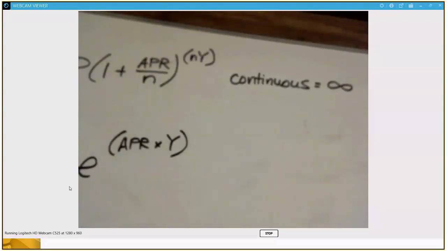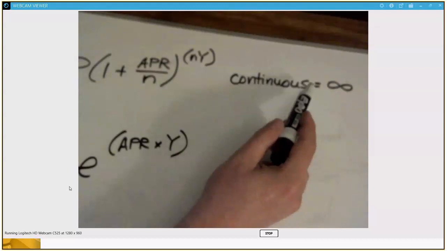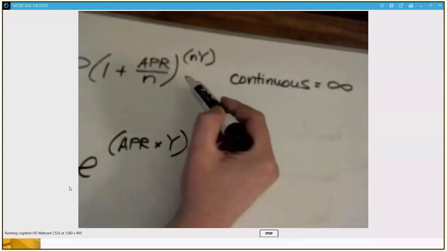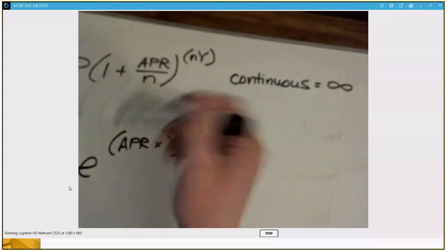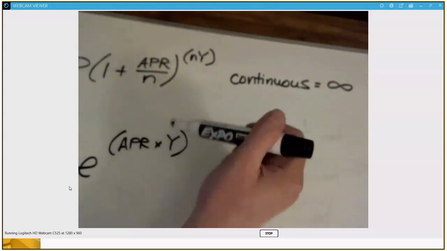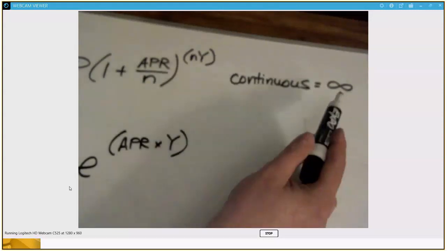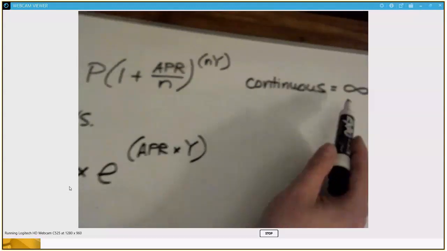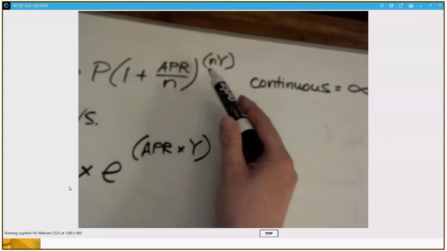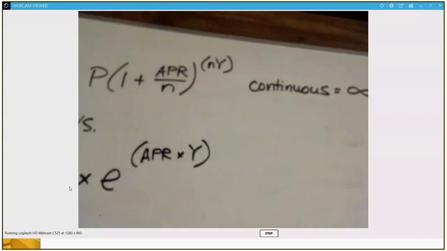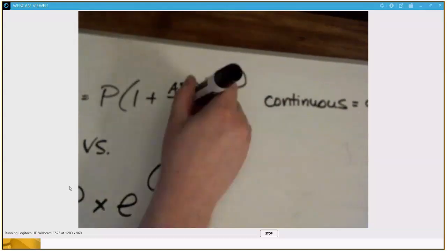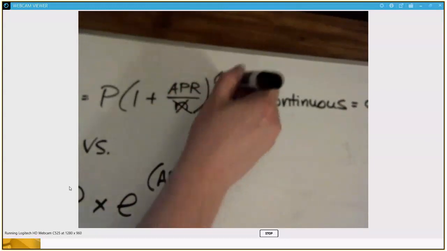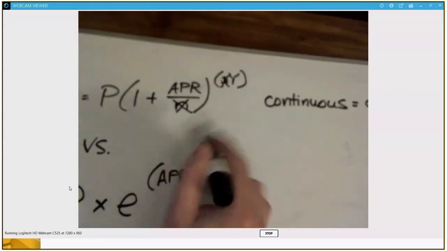It never stops. The computer is calculating this interest every trillionth of a second and just cycling it through so fast that it looks like it's just doing this calculation forever, literally forever. And obviously, there's no way to plug in an infinity sign in for n in this formula.